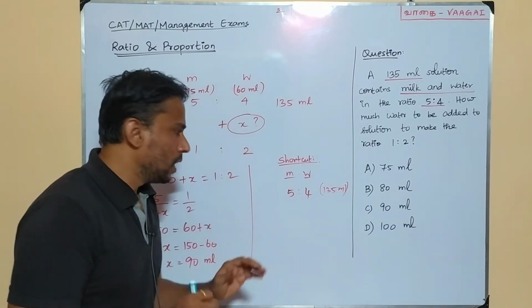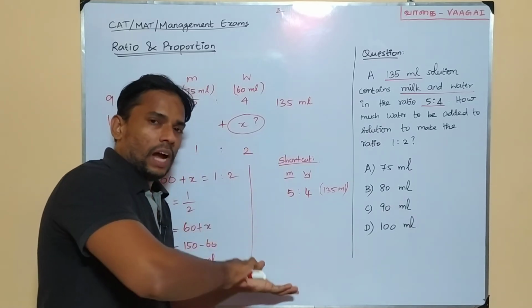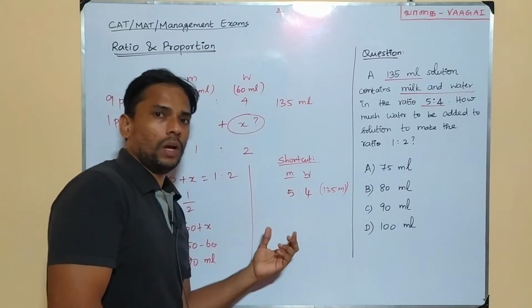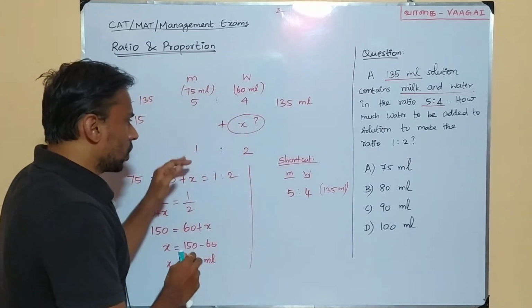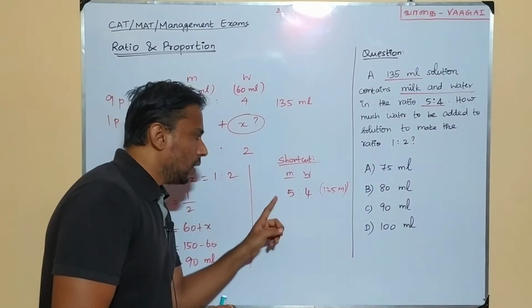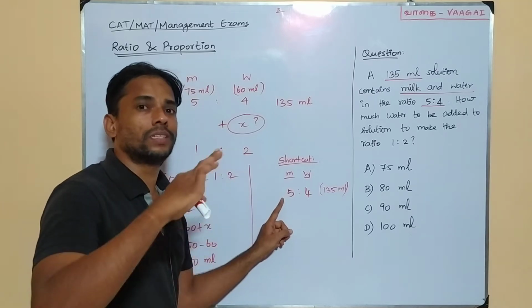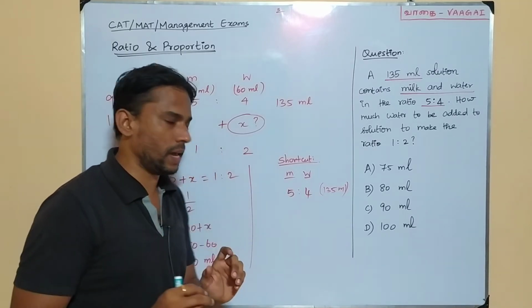What quantity of milk was there previously? Even after you add the water, the quantity of milk is going to be the same. So let me do a small trick here. Instead of writing this ratio as 1:2, I will try to keep the milk's part the same, 5 parts itself. I hope you are able to understand what I am coming to say.